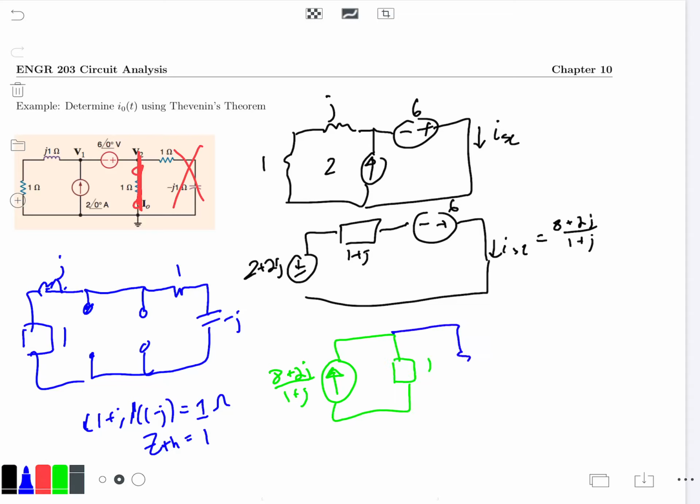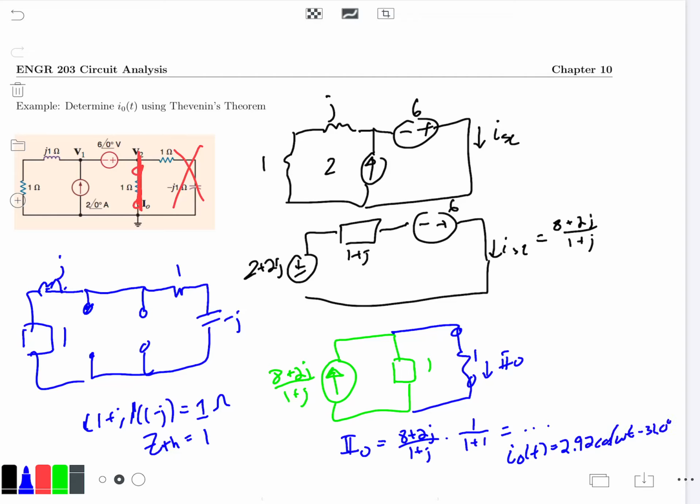And then I also have the nodes here, my Thevenin nodes, A and B. I want to find my I0, and so I0 then is the total current by current divider times the impedance we're not at, over the sum of the impedances. We've done this algebra several times here. Should have it done by heart by now. It's going to work out to the same: I0 of t is 2.92 cosine omega t minus 31.0.